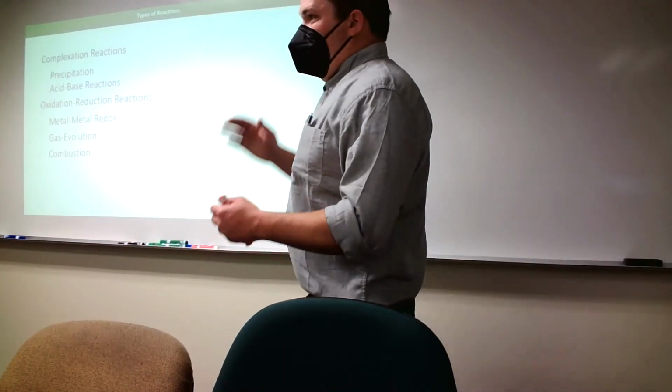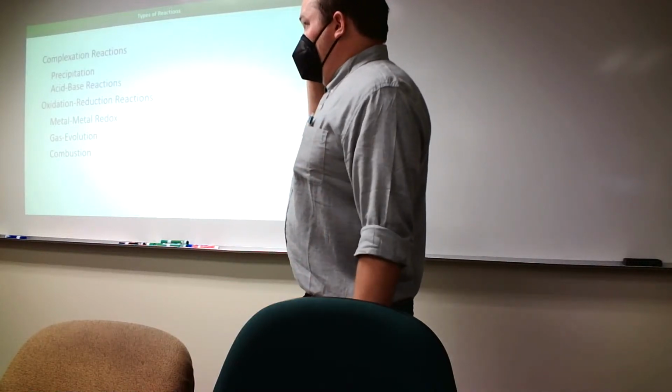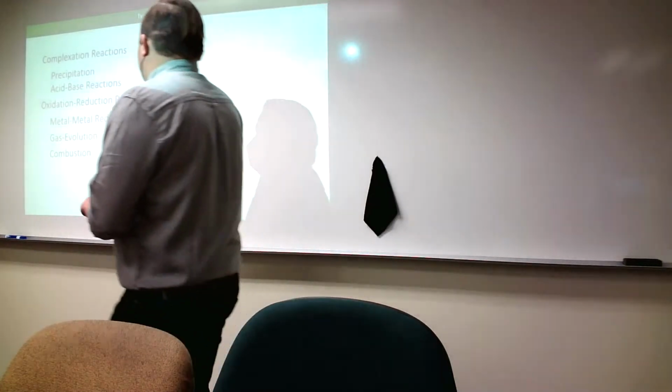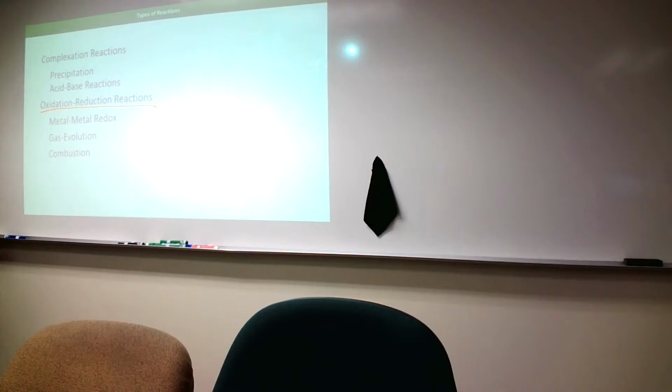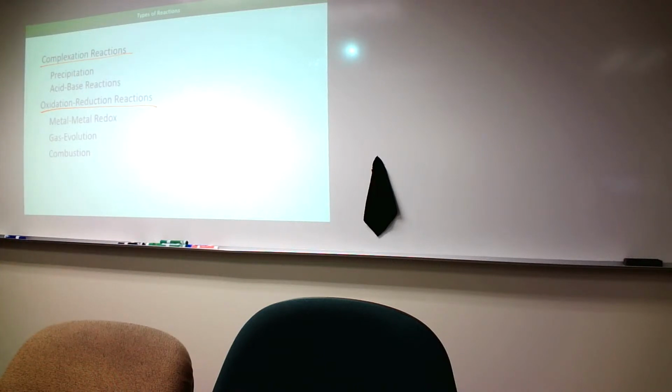At this level, since you guys are all going different directions from here, we're going to break it up into sort of the most fundamental level, which is things either change charges, electrons change hands, or they don't. Right? So these complexation reactions, we're changing the way things are arranged, but everything is still easily identifiable on both sides.